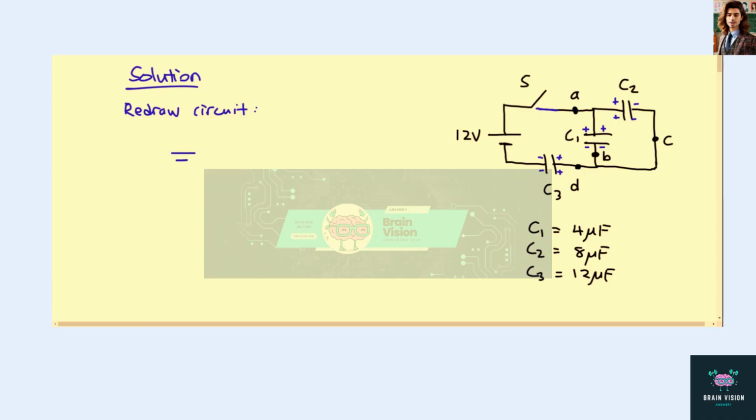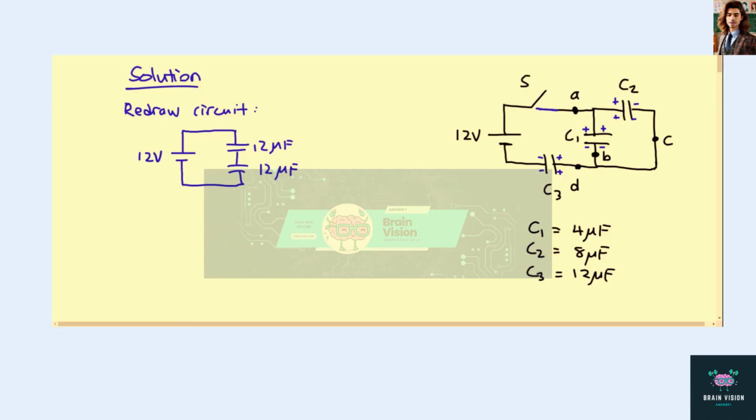C1 and C2 are in parallel, so we just add up their capacitances. C1 and C2 add up to 12 microfarad, which is then in series with C3, 12 microfarad.